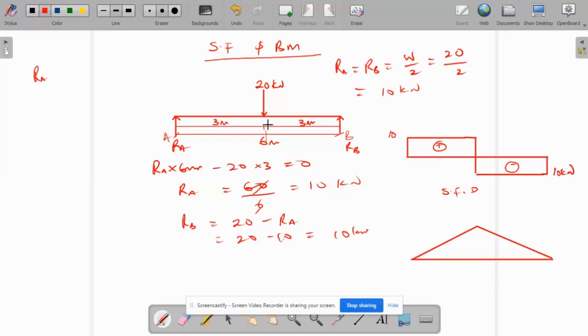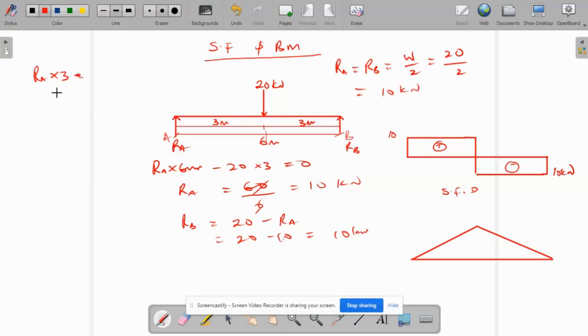But since we want to know the maximum bending moment at the center, it is going to be reaction A times that point, which is at 3 meters, minus, we don't have any perpendicular distance we are considering here. So it is going to be times 3.